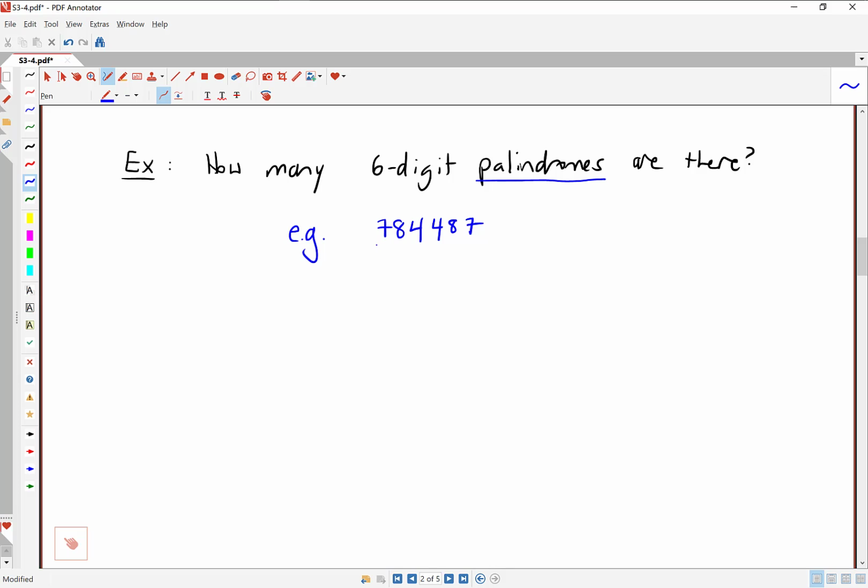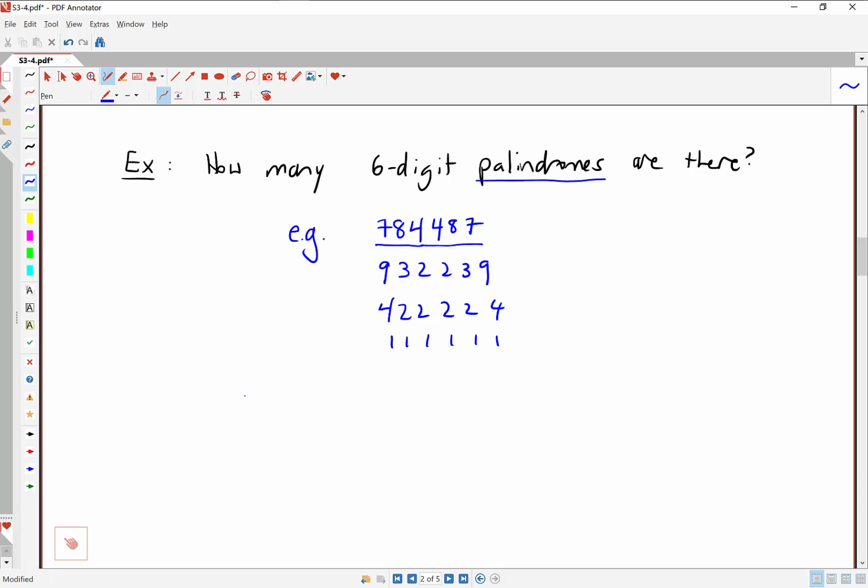So once we've decided the first 3 numbers, the last 3 are forced because they're just repeating the first 3 numbers but in the backwards order. So another one would be something like 932239. So those would be 6-digit palindromes. And you could have repeated digits. So you could have 422224, for example, or 111111.